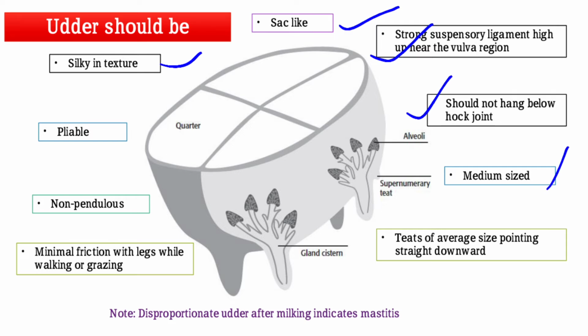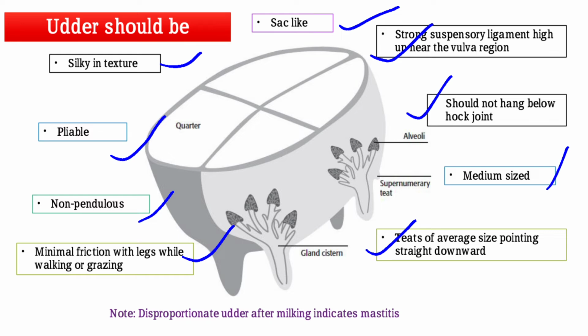Average size udders are mostly preferred, as it has been shown that large size udders are not better for milk production. Teats should be of average size pointing straight downward, with minimal friction with legs while walking or grazing, and the udder should be non-pendulous and pliable. So these characteristics are mostly used for selecting dairy cattle.